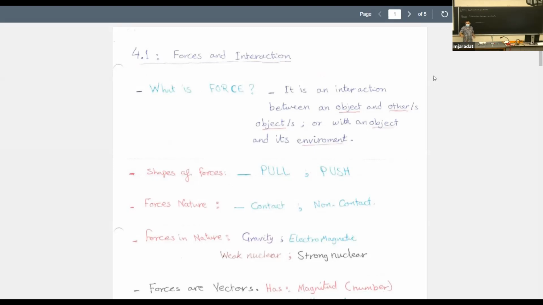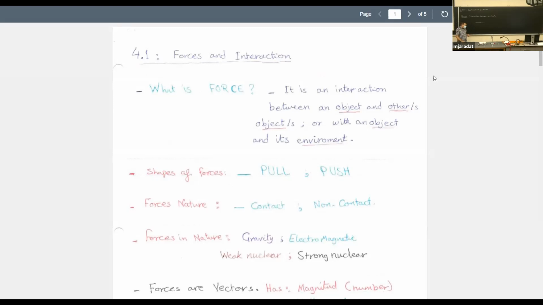But for example, gravity is a non-contacting force. There is no contact between the mass and the ground or the air to attract it. So we have contacting forces and non-contacting forces. We also have the shape of these forces, pushing force or pulling force.